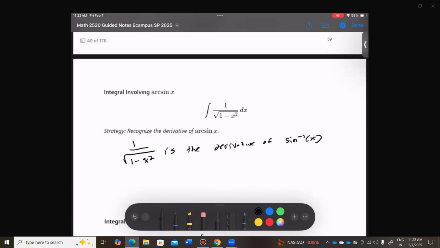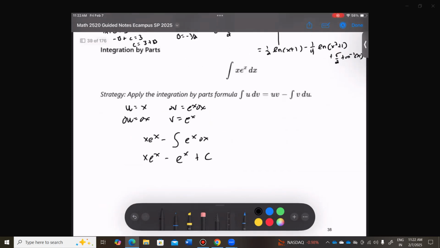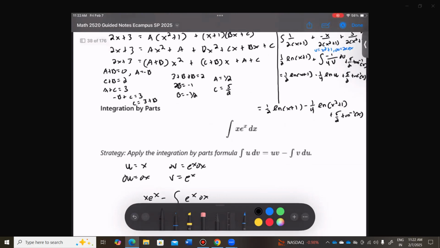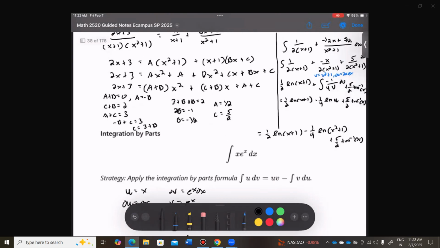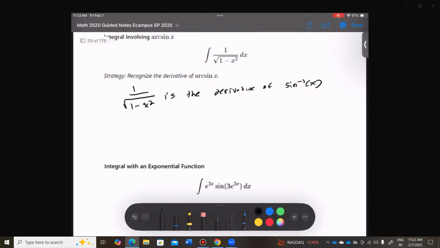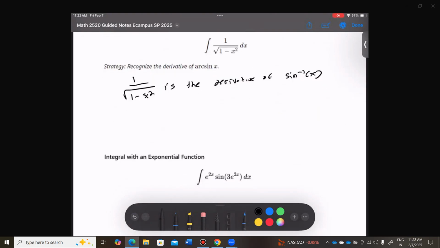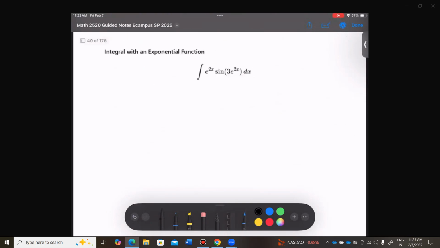We had something similar up here where I went from here to here. That's because 1 over x squared plus 1 is the derivative of inverse tangent. So a similar idea here as well. And so the integral then equals inverse sine of x plus c. And just recognizing some of these, it's not as bad as we think when we know all the information behind it.